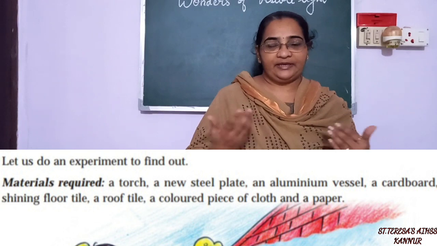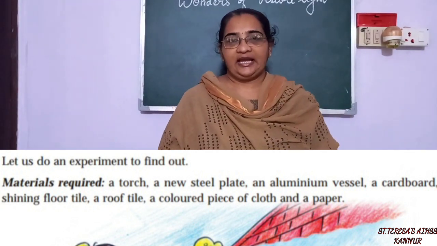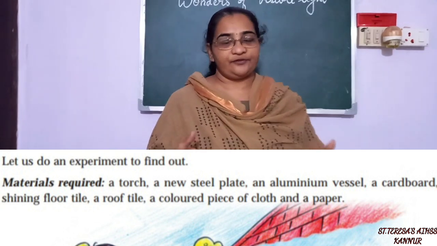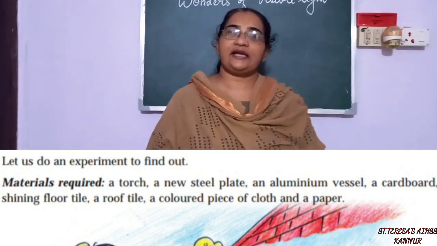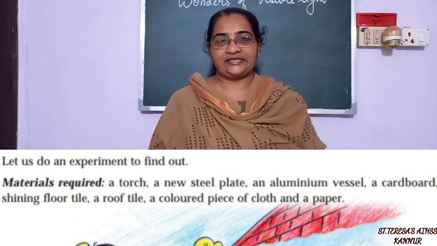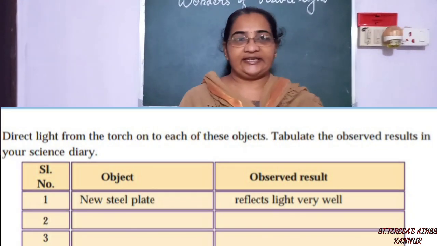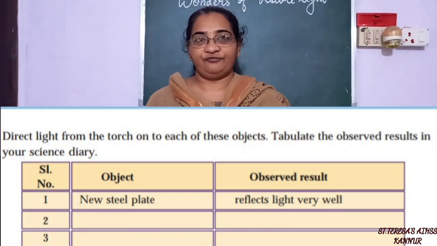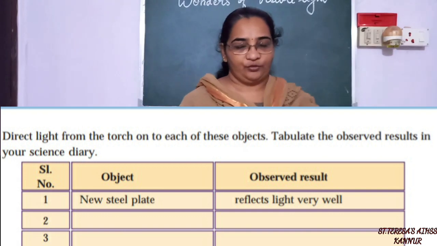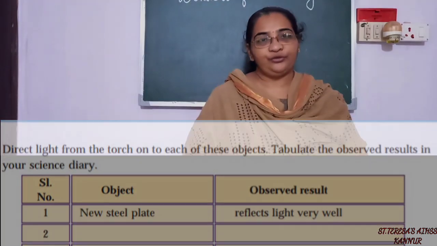You can have a steel plate, a torch is always there, a mirror, a piece of mirror, a cardboard piece, a tile piece, a piece of cloth, a piece of paper. All these things are available in your home. So you have to conduct this experiment and complete the table given in your textbook and write your findings. After doing the experiments, what did you find out?